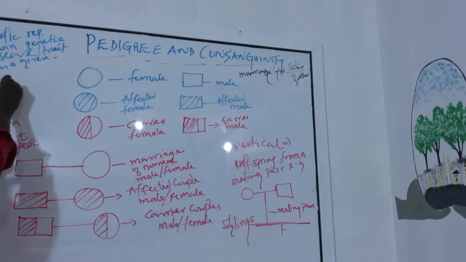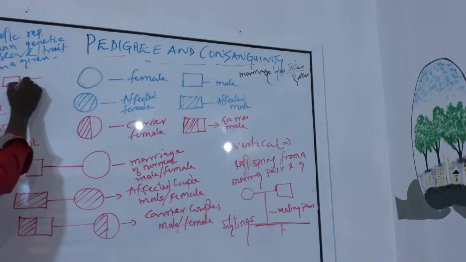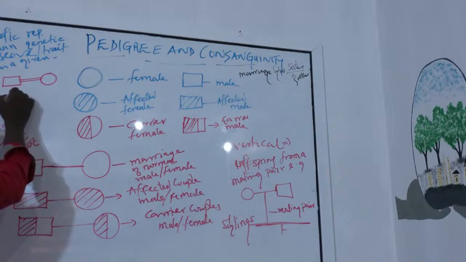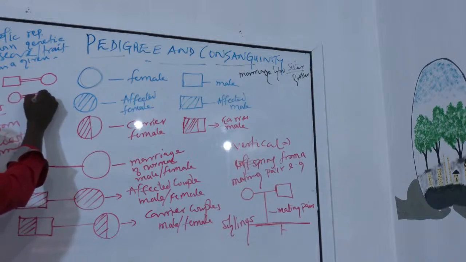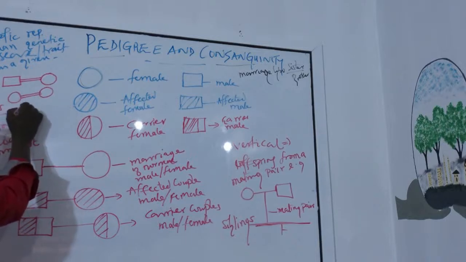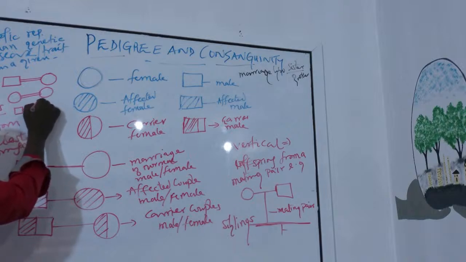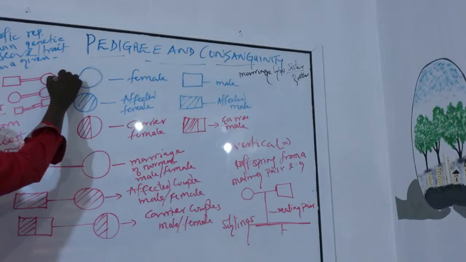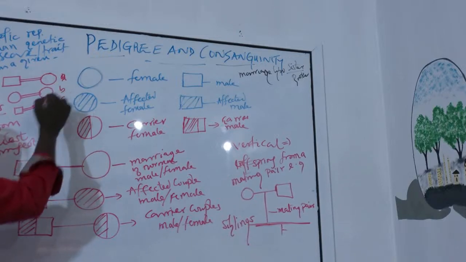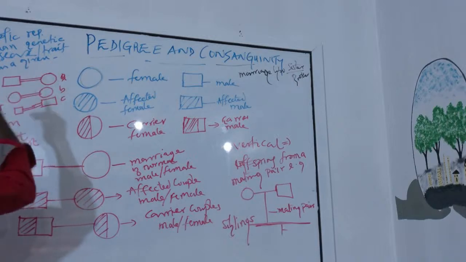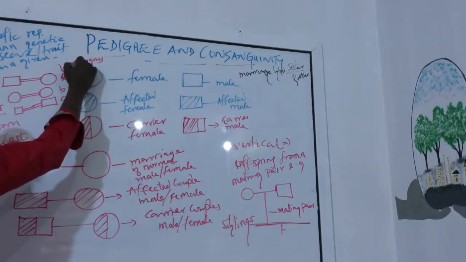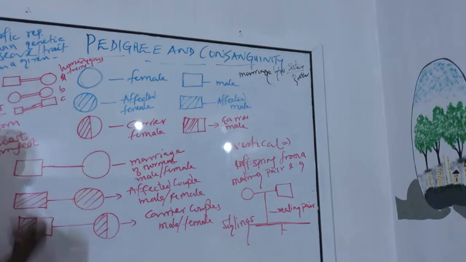Then when you have something like this, if this is condition A, this is condition B, this is C. A is identical twins, but one is a male and the second is a female.